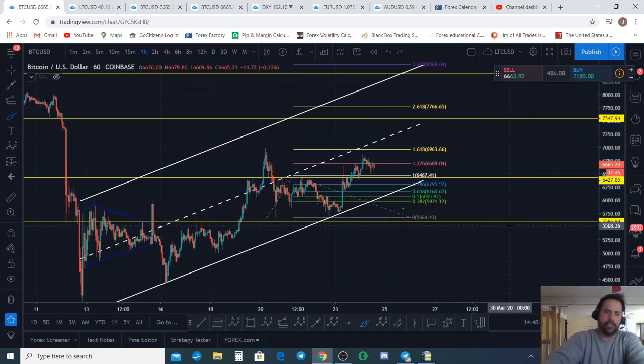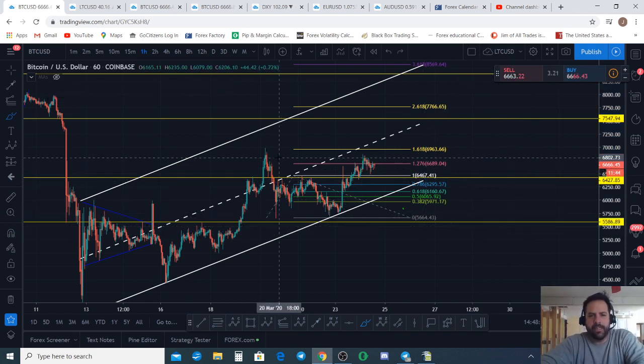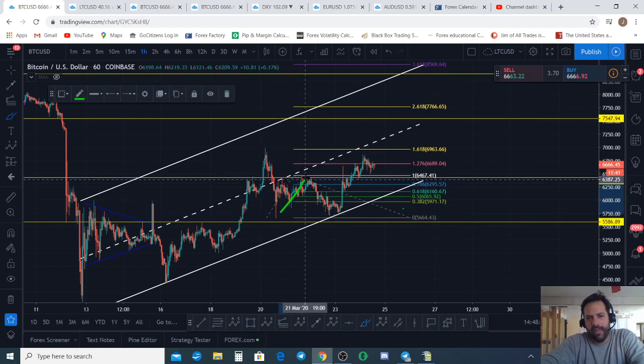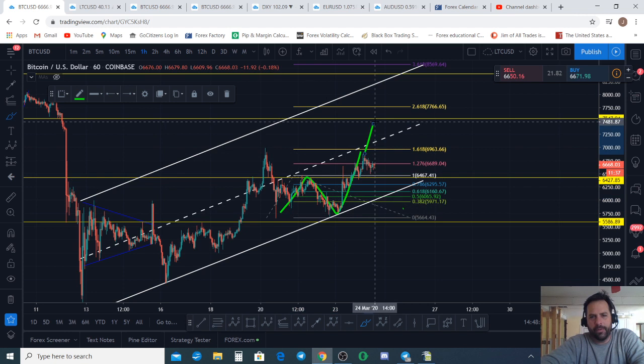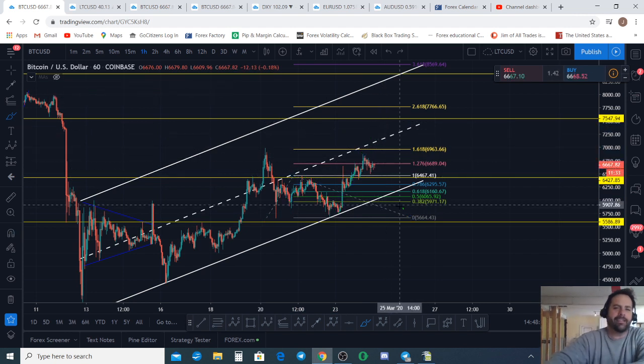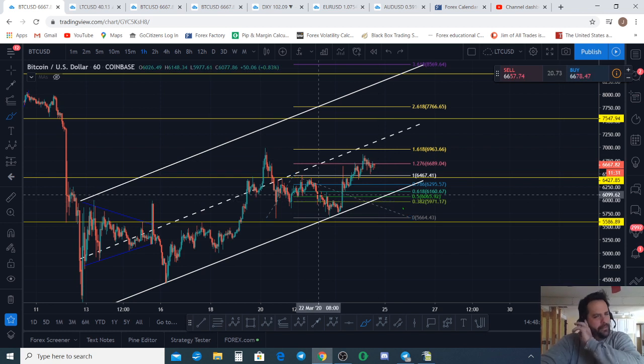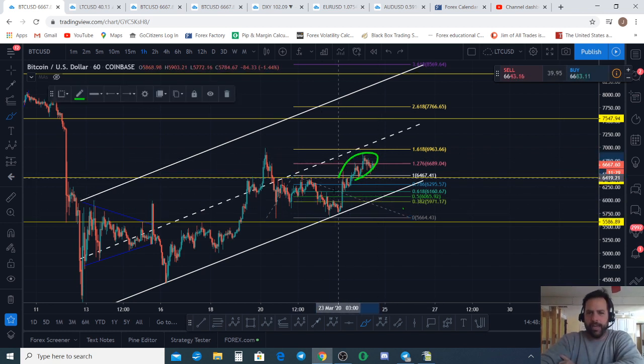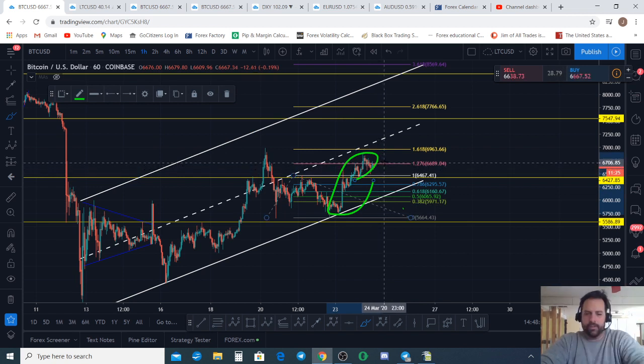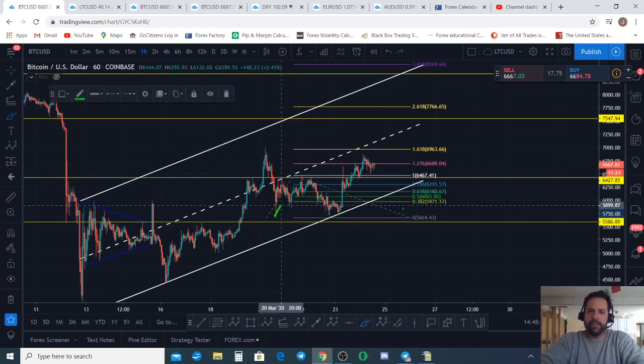Possibility, I imagine. Second possibility, I'm kind of looking at this as a flat right here. It hasn't been invalidated yet, but if it goes up anymore, guys, I'm going to pretty much say it's not a flat. In fact, I don't like the shape of this wave to be a flat, but still, we'll have to watch it and see. So we're going to leave it on the table for now.